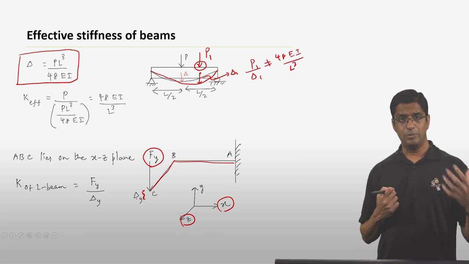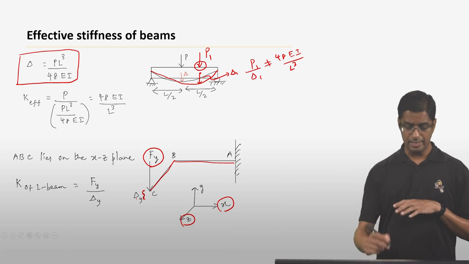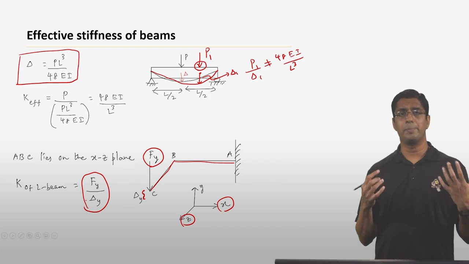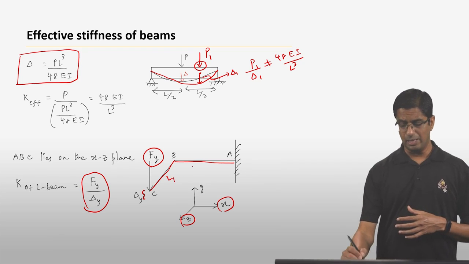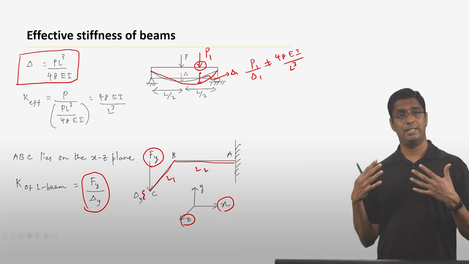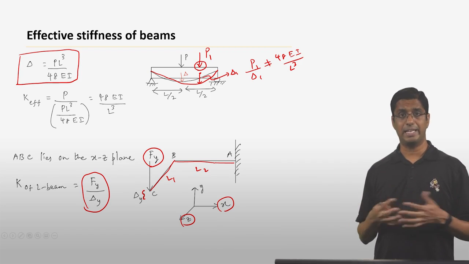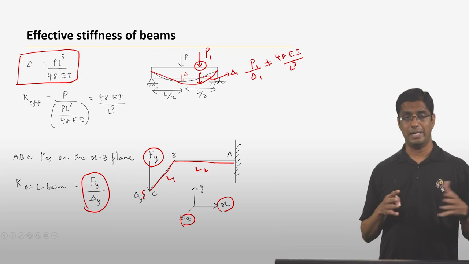You can now define the k of the beam for this particular loading configuration as Fy over delta y. So this is going to be some numerical value. Again, that depends on the lengths L1 and L2, the cross-sectional area, the moment of inertia, and the material properties, especially the Young's modulus and shear modulus of this L-shaped beam.